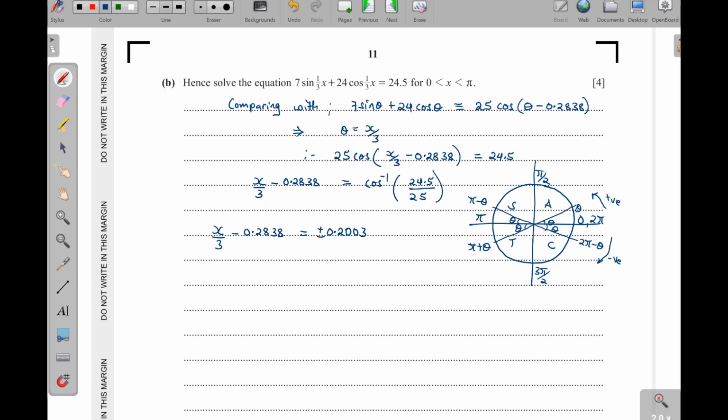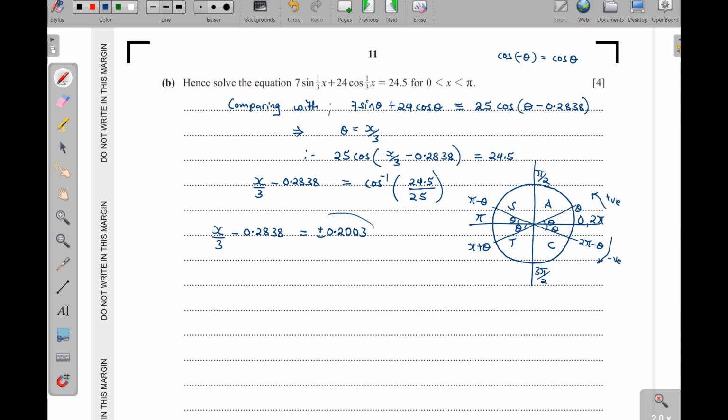Why? If I've gotten the answer here, then it is the same as this one here, because cos is positive in the first and fourth quadrant. Okay, you know that cosine of negative theta is equal to cosine of positive theta. You get it?